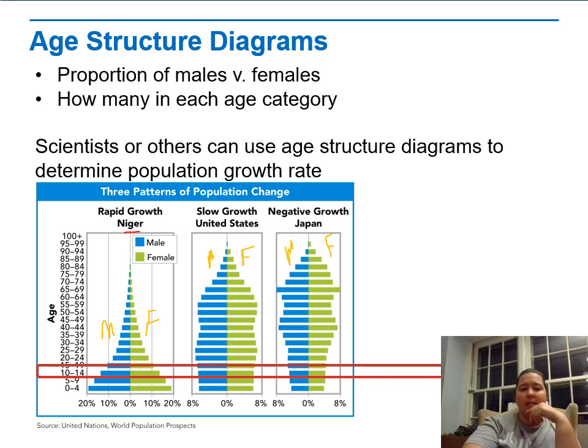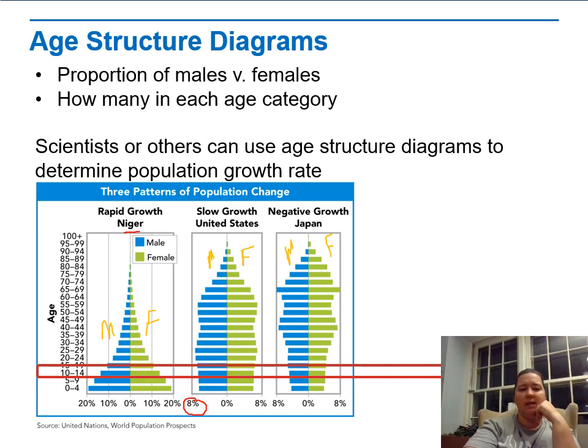The United States, if you can see, has a lot smaller number, because it's a little skewed: here we go all the way out to 20% at the bottom, and here we only go out to 8%. And it's a lot more even all the way up. So that means a slow or no growth situation for the most part.